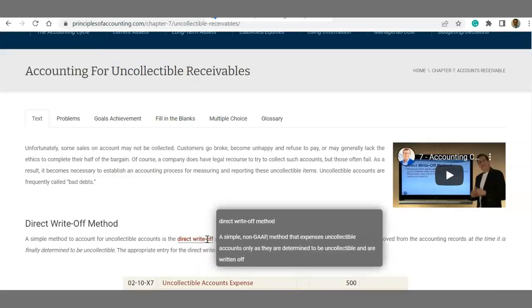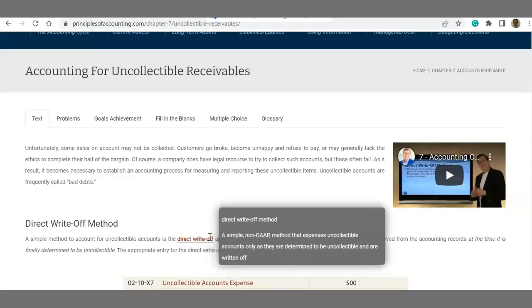So we have the direct write-off method, which is acceptable for tax purposes, but GAAP doesn't like it. It's a simple non-GAAP method that expenses uncollectible accounts only as they are determined to be uncollectible and are written off.